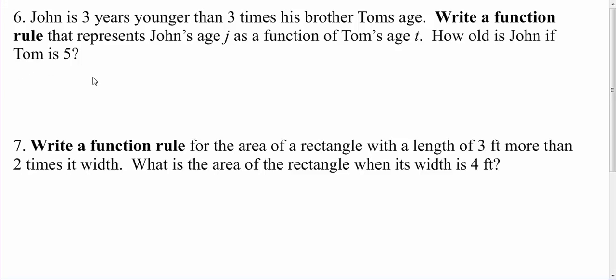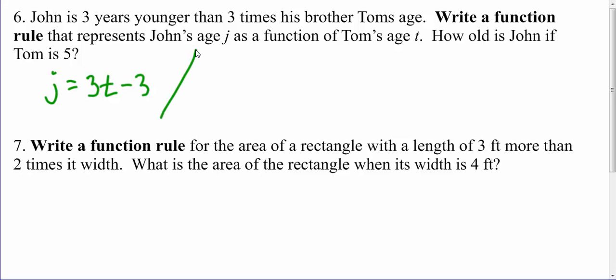So we're going to write the function J, which is John's age, with respect to Tom's age, T. So J equals, now here it says he's 3 years younger than 3 times his brother Tom's age. 3 times Tom's age would be 3 times T, and if we want to go 3 years younger than that, we can just simply subtract 3. So there's the first part of that question.